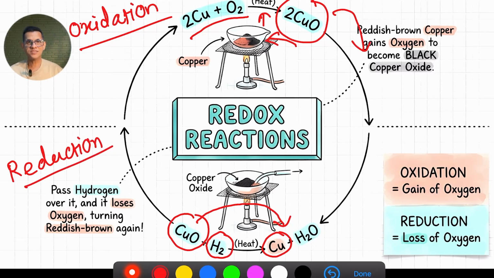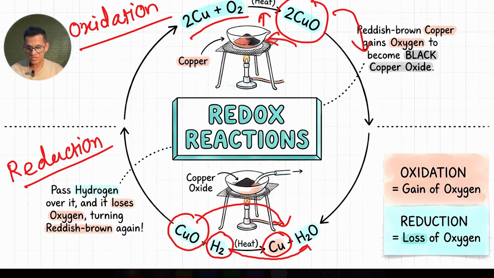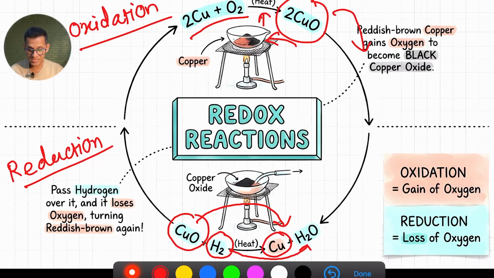What is a reduction reaction? A reaction in which oxygen is lost or hydrogen is gained by any reactant. But if you look very closely, hydrogen is gaining oxygen to form water. So that means hydrogen is getting oxidized, whereas copper oxide is getting reduced.